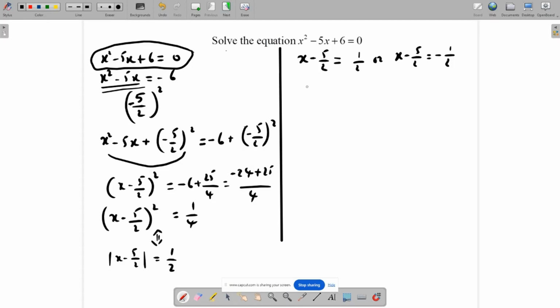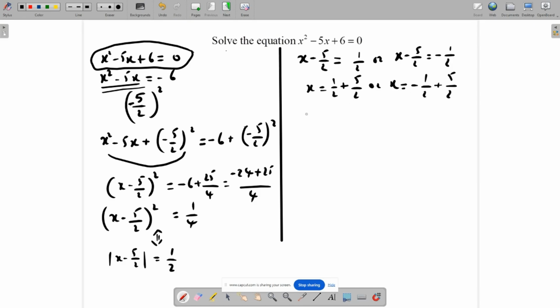That gives us x equal to half plus 5 divided by 2, or x equal to minus half plus 5 divided by 2.